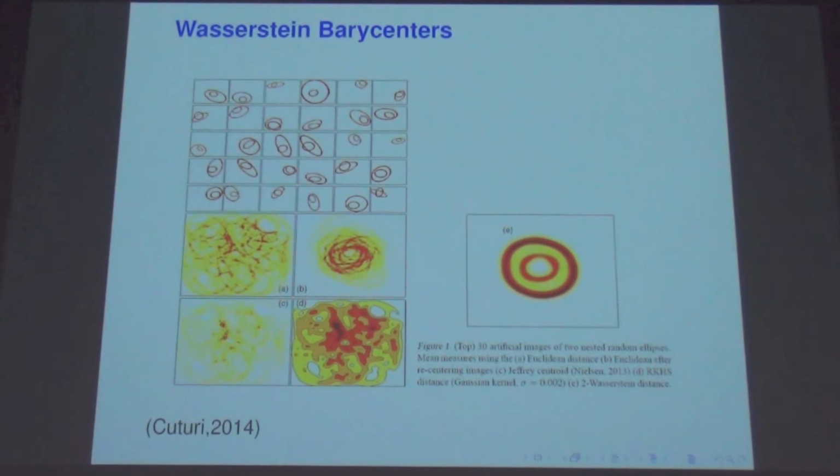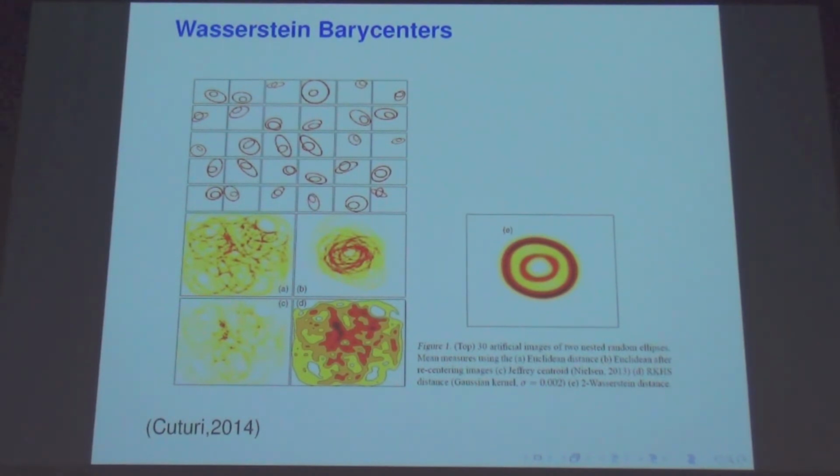It does not represent the original images. But if you do Wasserstein averages, what you might obtain is this figure E, which is exactly two concentric circles. So this shows that Wasserstein averaging preserves the geometric structure of your images.